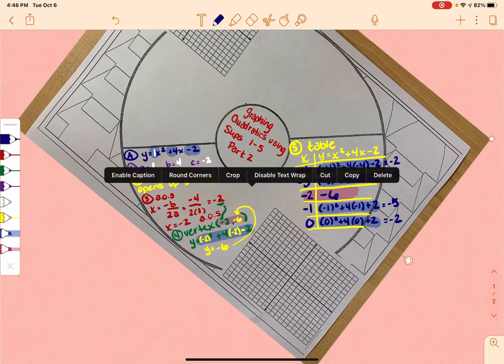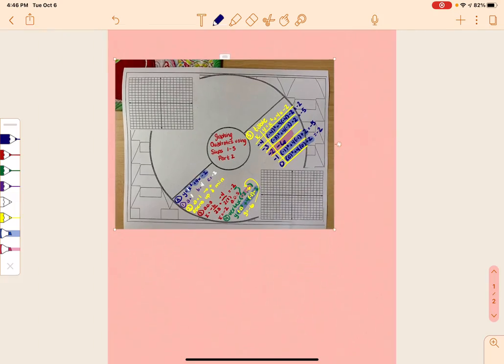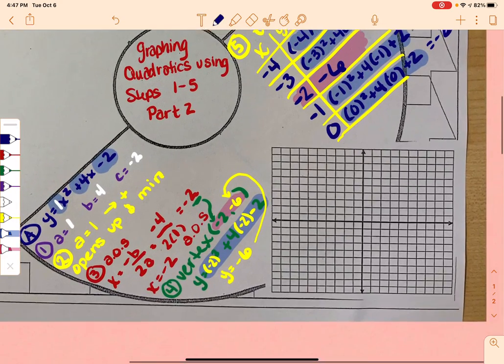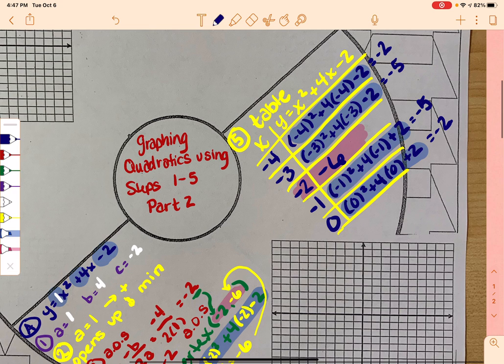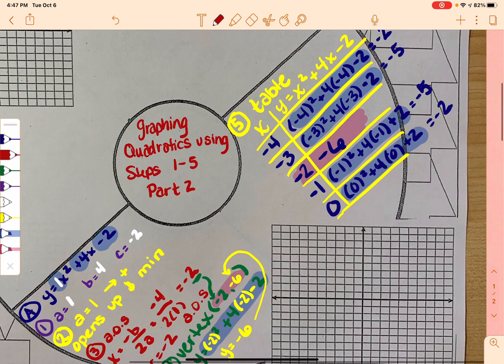So let me see if I can turn this. Just going to try to make it as big as I can here to write on. Okay, now I'm going to take these pieces back here and make my points. So -4, -2, -3, -5, -2, -6, -1, -5, and 0, -2. So what I'm going to do is I'm actually going to make a list of those points at the top of my graph, just so I know what I'm graphing.